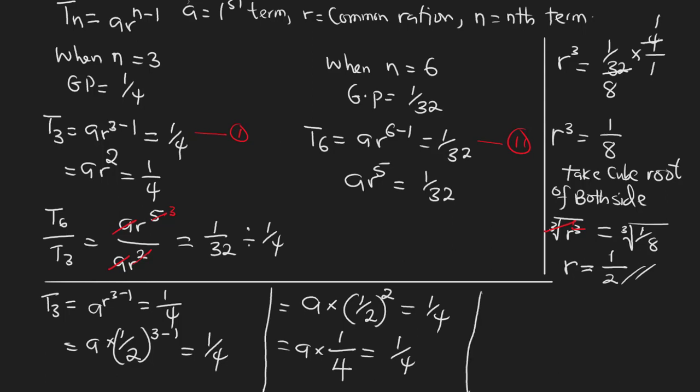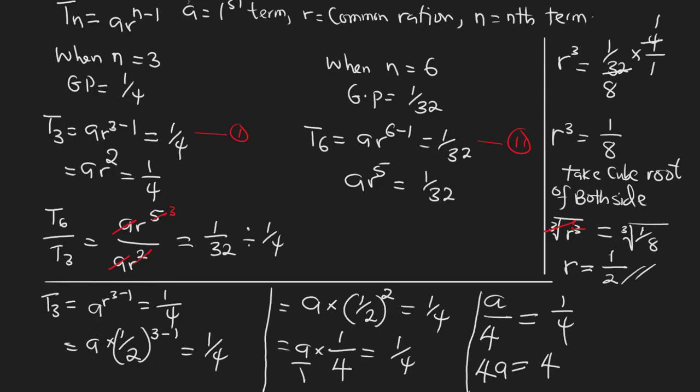So now the next thing is multiply this one. a times 1 is a, so we have a over 1 times 4 is 4, is equals to 1 over 4. So the next thing is to cross multiply. If you cross multiply, we're going to have a times 4, which is 4a, is equals to 4 times 1 is 4, right?